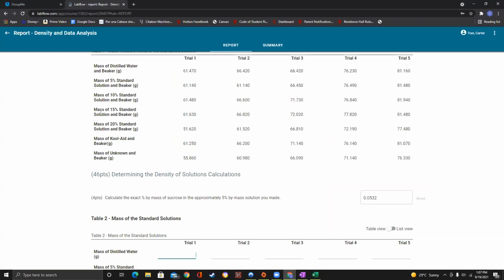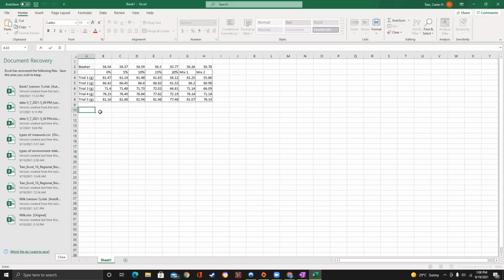We need the mass of the standard solutions. One. Then do 60.